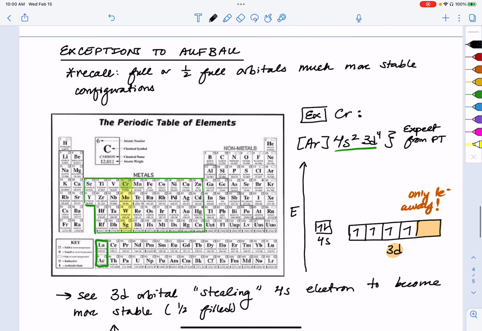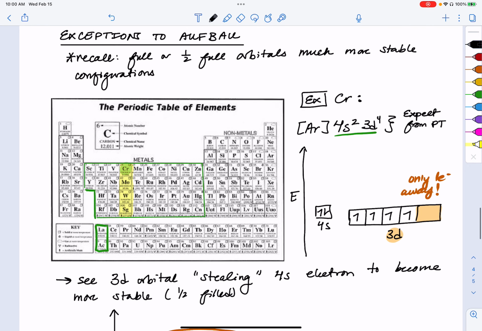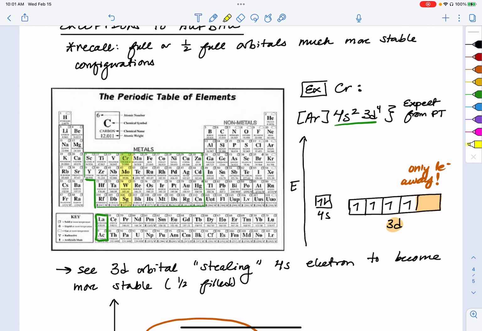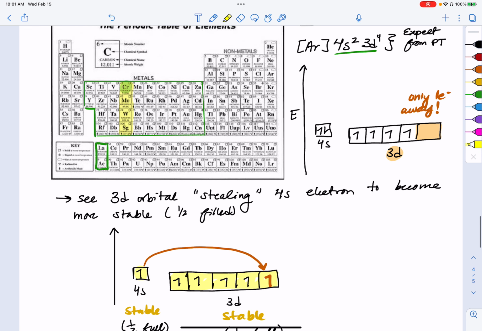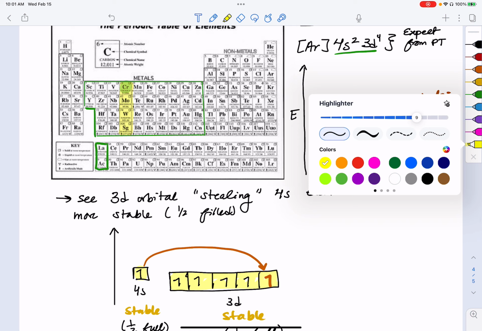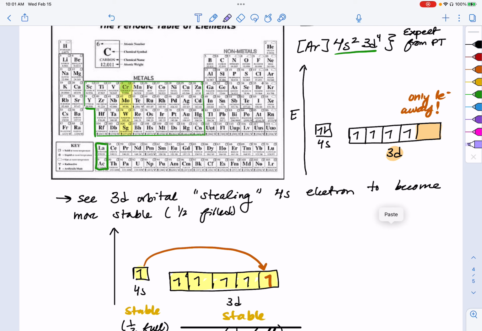Now, it's not just half full orbitals that are much more stable. It's also totally full orbitals that are much more stable. In fact, those are way more stable even compared to half-filled orbitals. So it's not just the d4s that we've got to look out for.